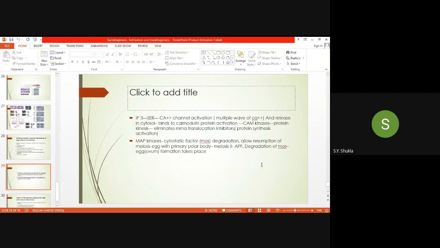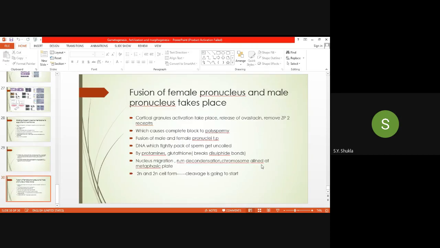It forms the mature ovum through the anaphase promoting factor and degradation of the Mos cytostatic factor, and the secondary polar body forms and is then degraded because it has no use. Afterwards the female pronucleus fuses with the male pronucleus.